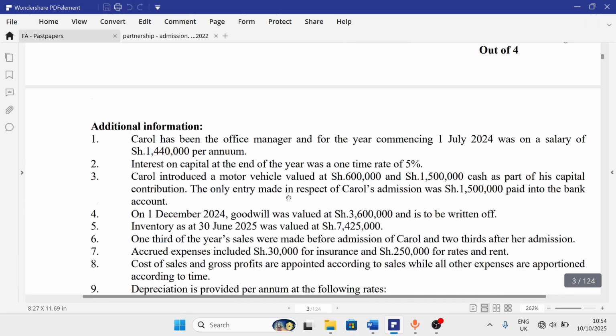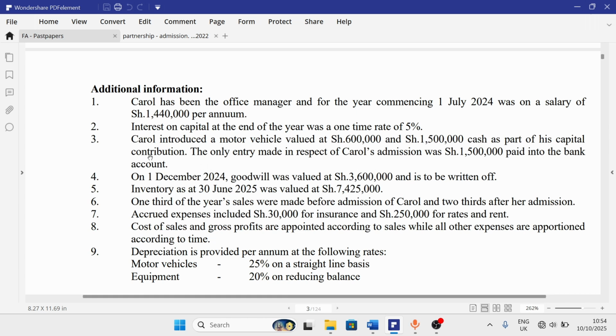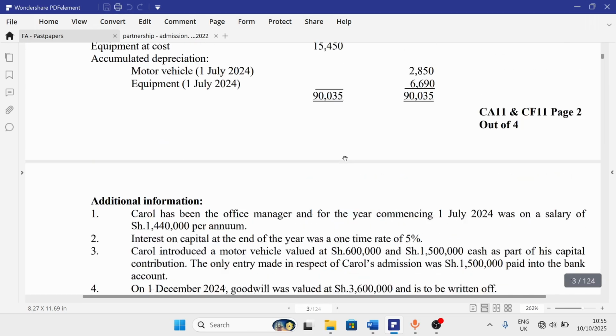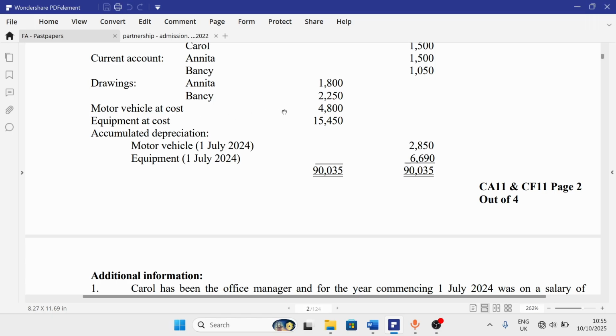So in the question, in additional information number 3, the last sentence, we were told the only entry made in respect of Carol's admission was 1.5 million paid into the bank account. So no adjustment was made for the motor vehicle. That is why we are adding it. So the 600, we are adding it to the cost of motor vehicle, 4,800.